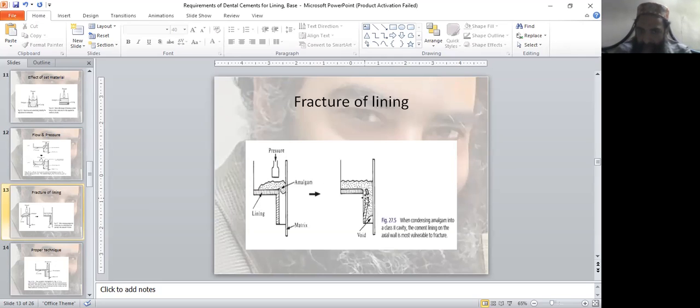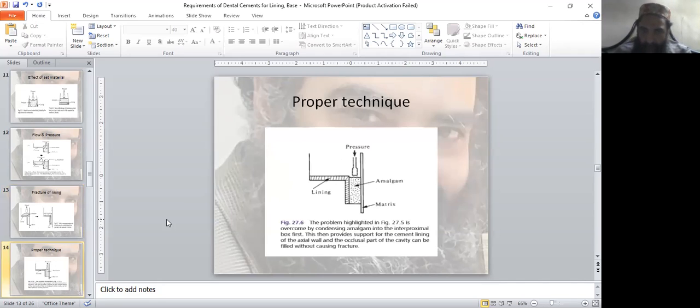It will fracture. So to avoid this, we have to fill this area first and then come to the other area.